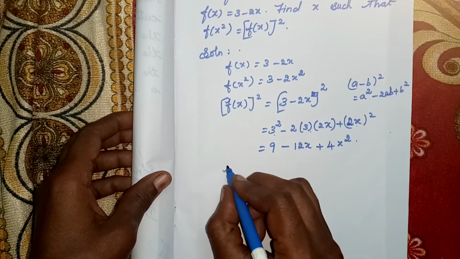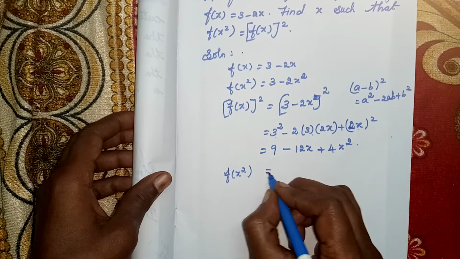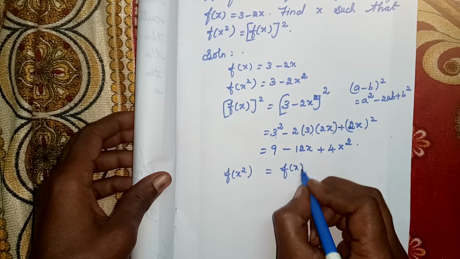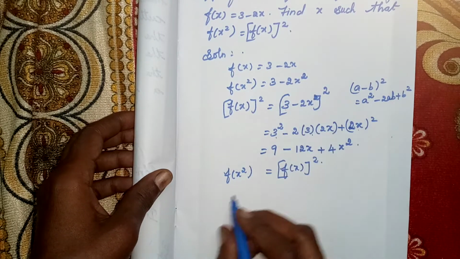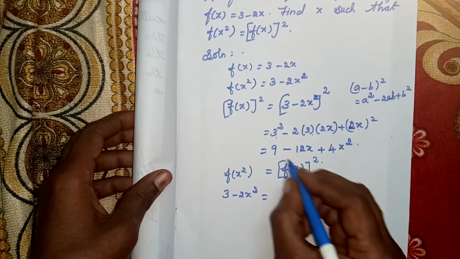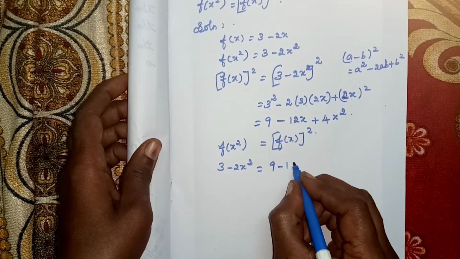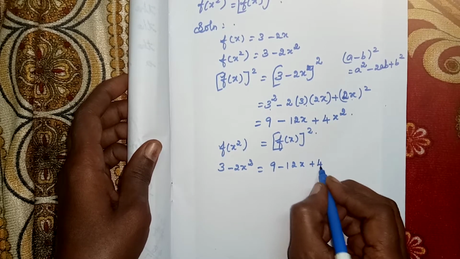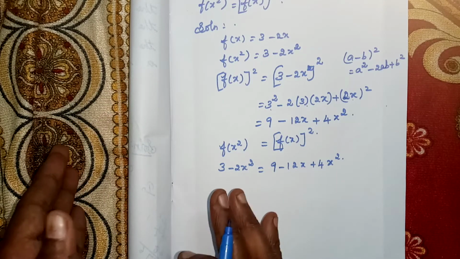Both are ready, so now equating. What is given? f of x square is equal to f of x the whole square. f of x square is 3 minus 2x square, equal to 9 minus 12x plus 4x square. Here, take every value to the left hand side.